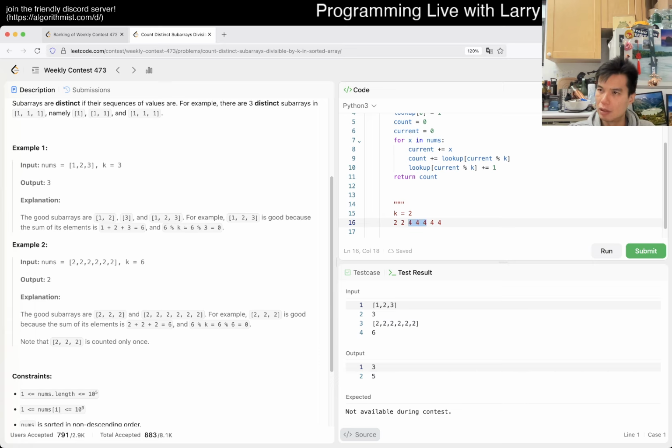So maybe we could do this and then subtract them out later. Can I do that? How would I do that? How would you subtract out the duplicates?